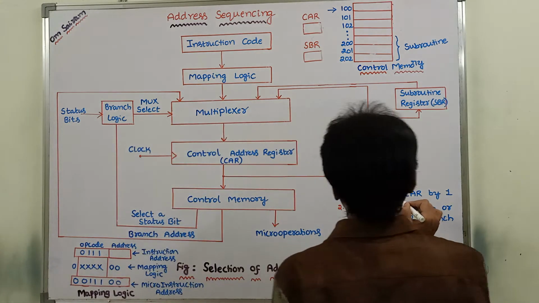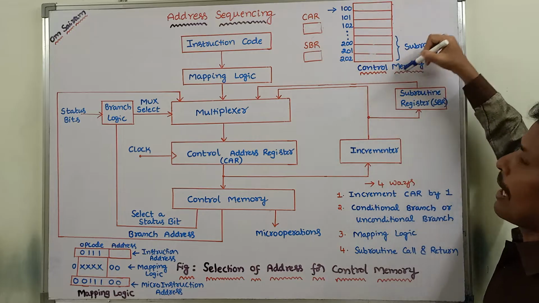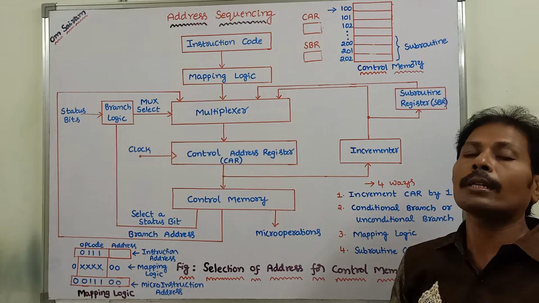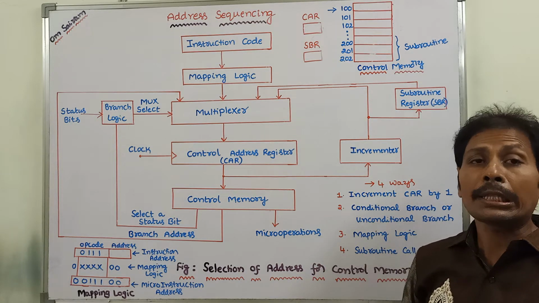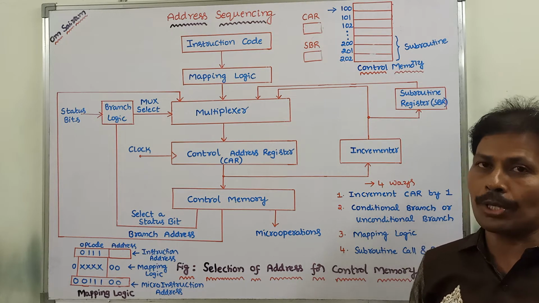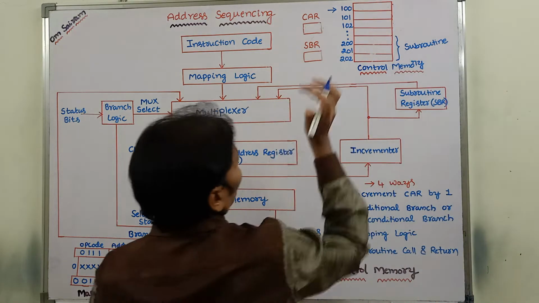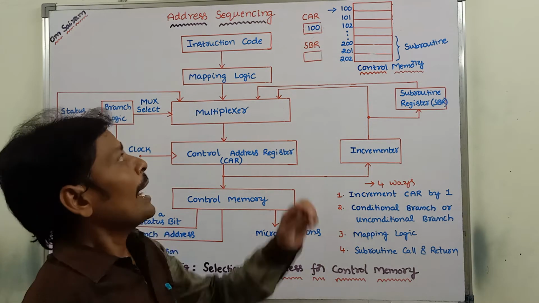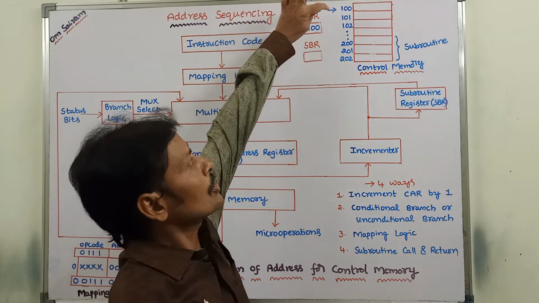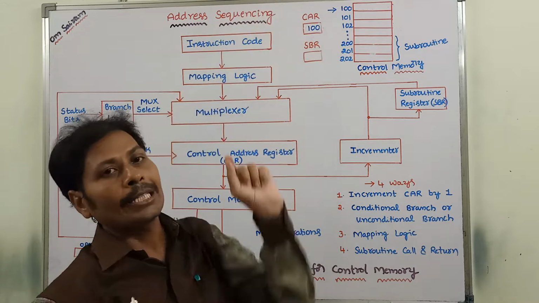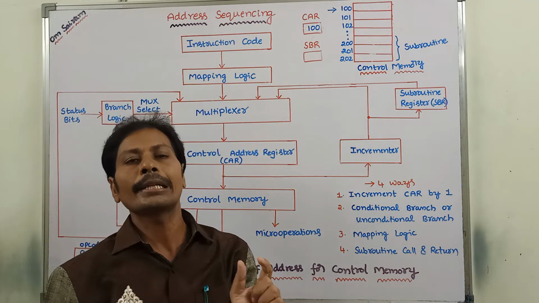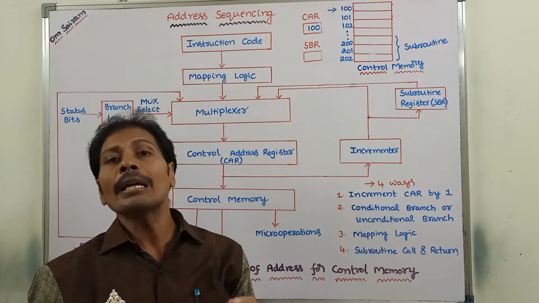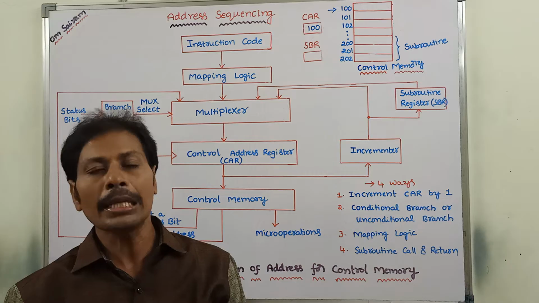I am explaining this way through this example. Initially, the control address register is loaded with the address of the first micro instruction. What is the address of the first micro instruction? That is 100. While executing the instruction that is specified at micro instruction 100, the control must determine the address of the next micro instruction in sequence.